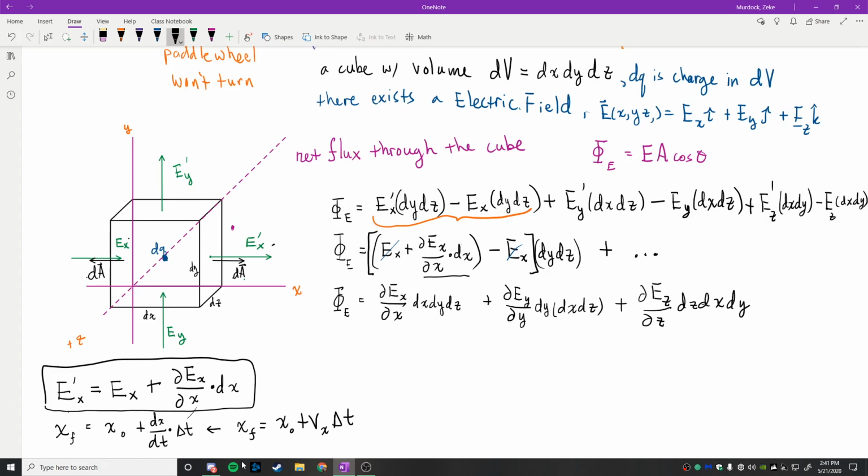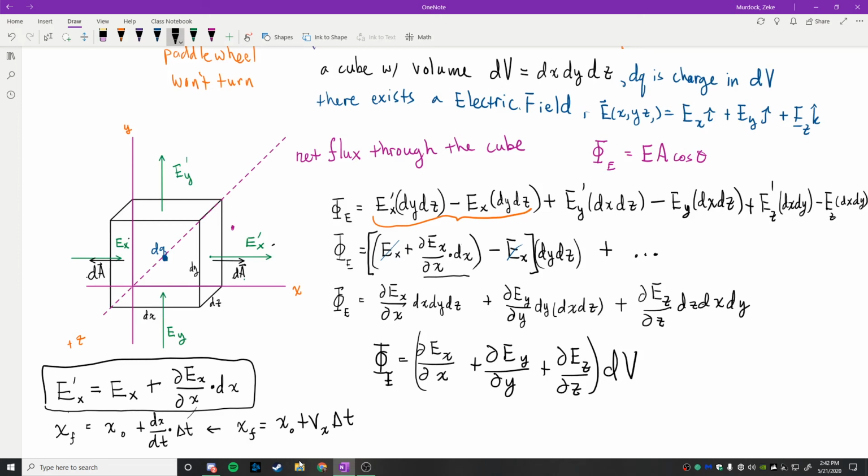Okay, so all in all, what we end up getting out of this is basically that the flux is equal to the sum of these three partial derivatives, and then you multiply this by dx dy dz, which is just dV. Okay, that's your electric flux. That's the net flux through our system.